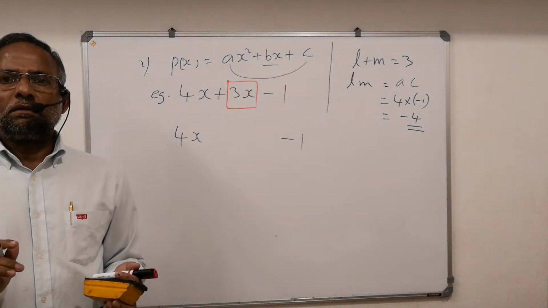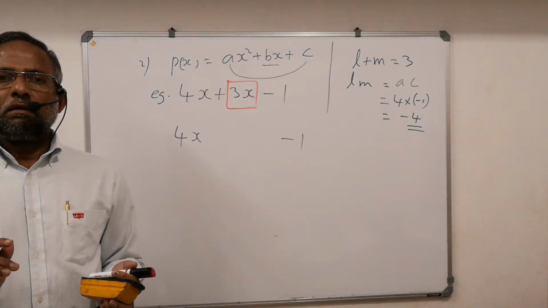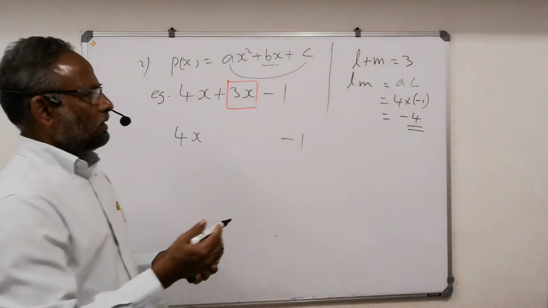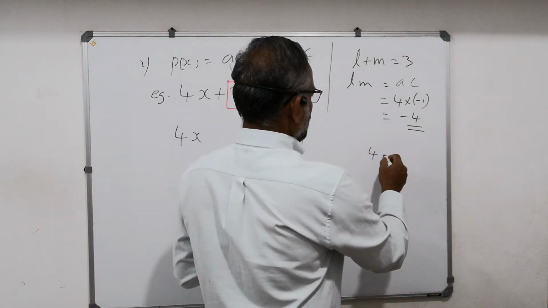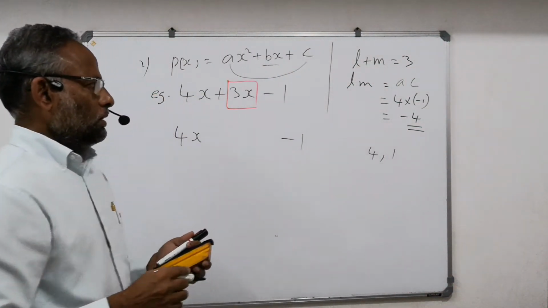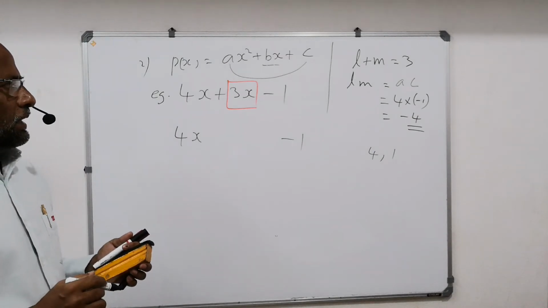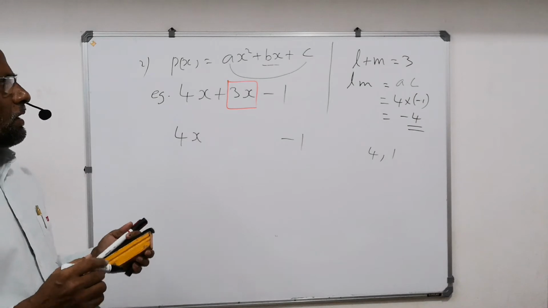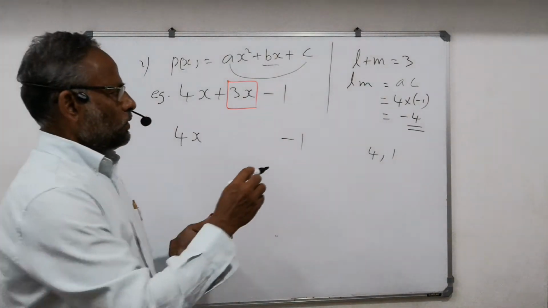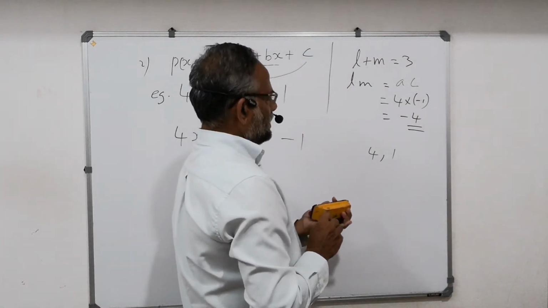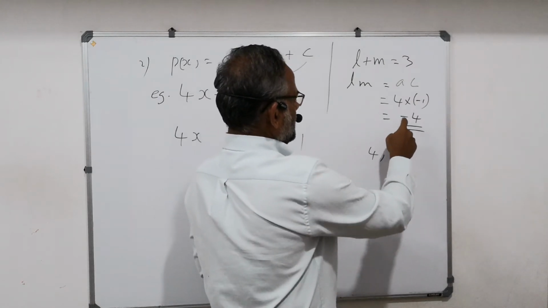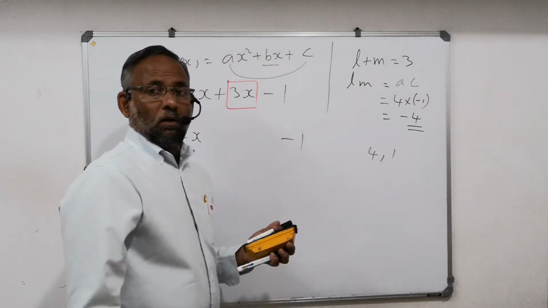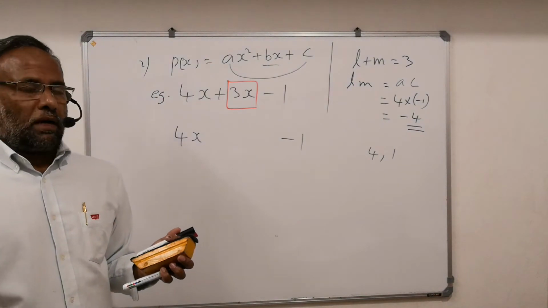What is it? Okay, 4 and 1. 4 into 1, that is 4, and 4 plus 1, that is 5, sir. Okay, we need 3. So one clue we are getting here. What is that? Here minus is there. So one must be plus and one must be minus.